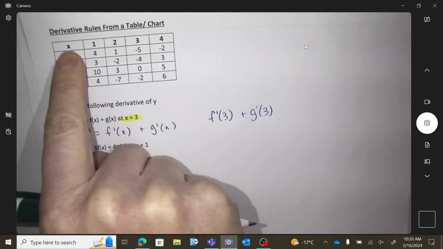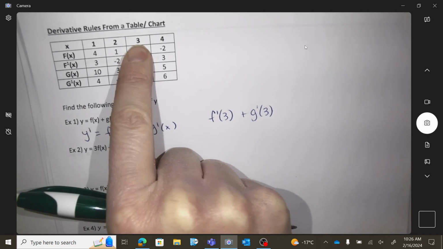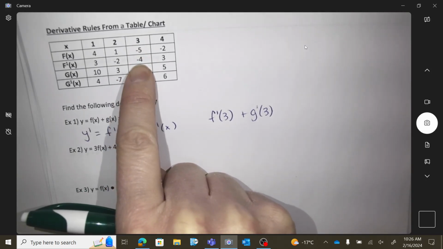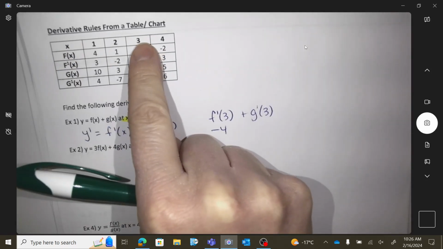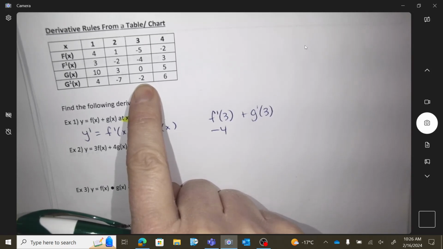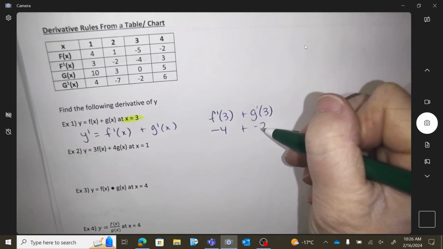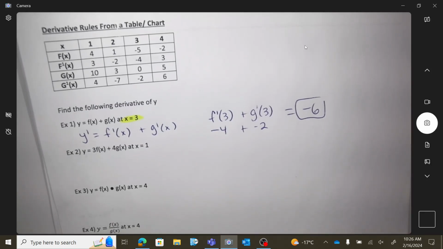Okay, so I go to the x value of 3. What is the f prime? -4. I go to the x value of 3, and the g prime is -2. So my answer is -6.